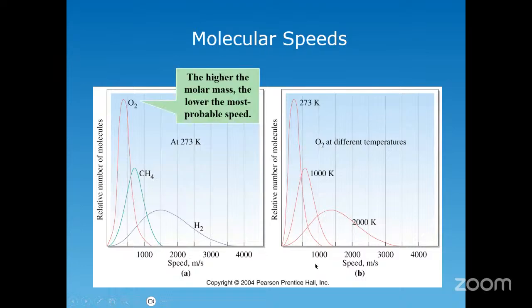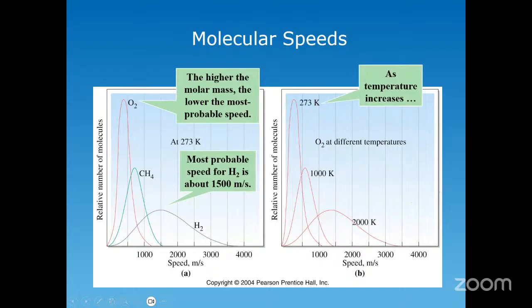So just to give you a more graphical representation of what we were just discussing, here we have a plot. Let me explain what's happening here. We have a plot of the relative number of molecules on the y-axis, and on the x-axis we have the speed of the molecules. These plots are for three different gases: oxygen, methane, and hydrogen.